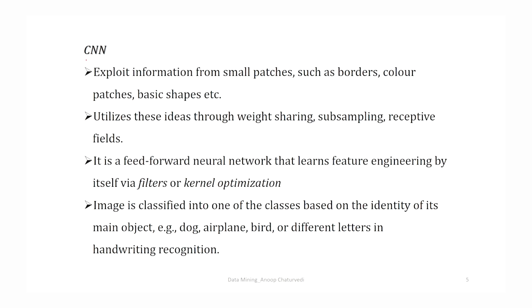Now, the convolution neural network exploits information from small patches such as borders, color patches, basic shapes, etc. So, basically you have to extract such information, and then it utilizes these ideas through weight sharing, subsampling or receptive fields.